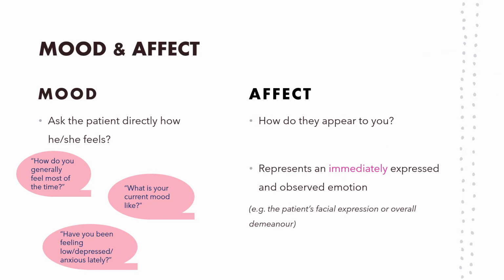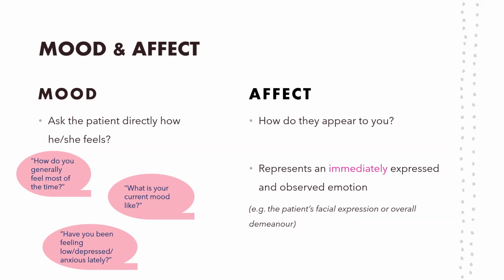Now, the other component is mood and affect. Now, it's very important to distinguish these two. Mood is basically the sustained emotional state. So it's the patient's overall general mood, but it's how they think they feel. And you can basically just ask them directly. So some questions that might be useful are, how do you generally feel most of the time?